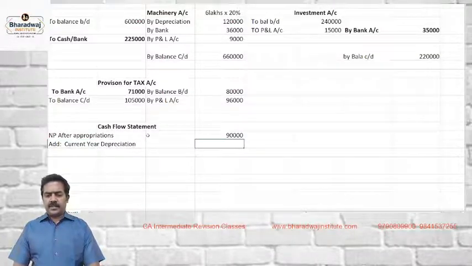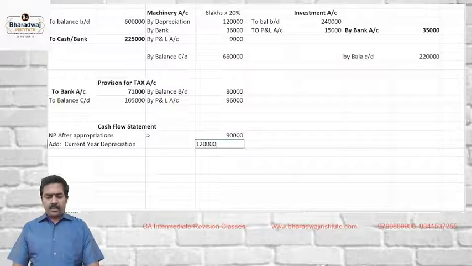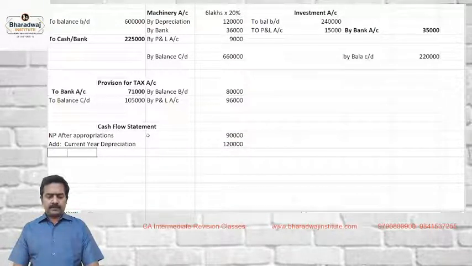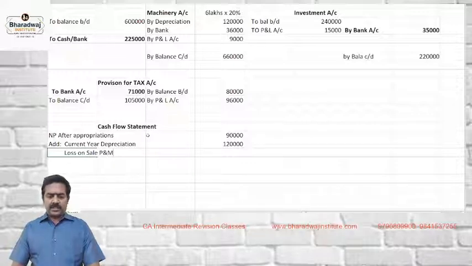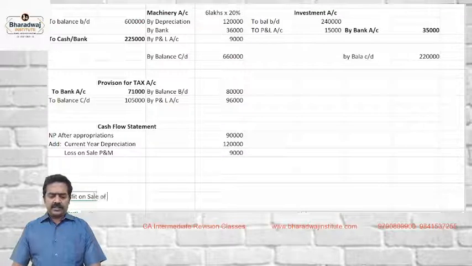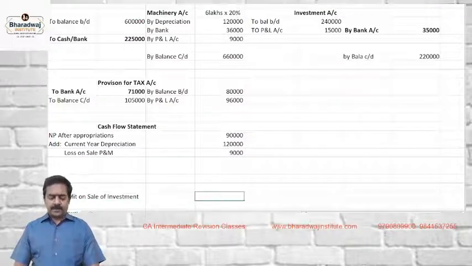Current year depreciation how much? 1,20,000. Then loss on sale of plant and machinery, 9,000. Then the profit on sale of asset you will eliminate later. Less profit on sale of investment. This was not taken to capital reserve.